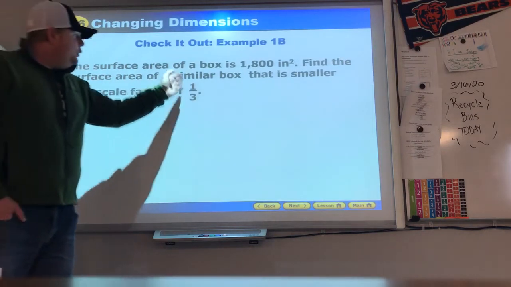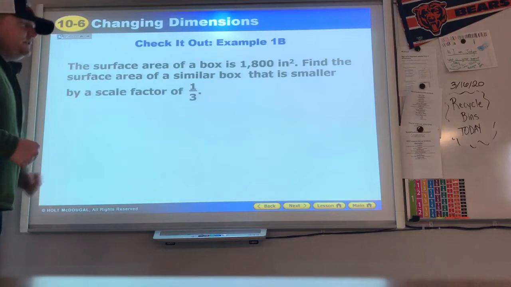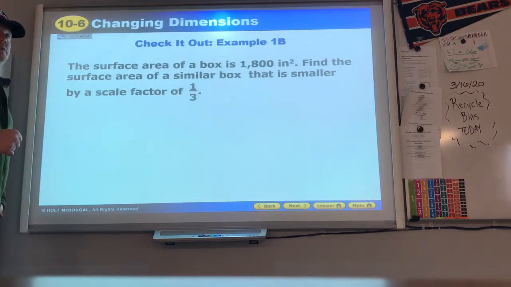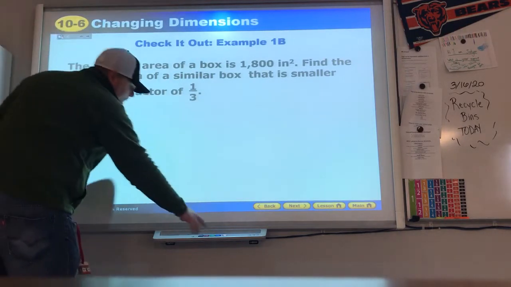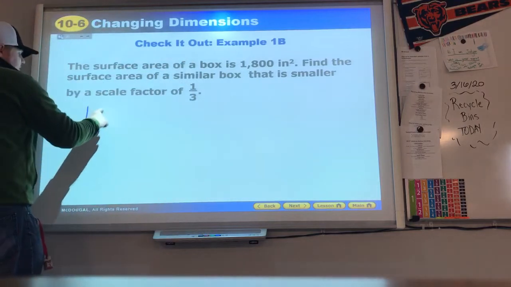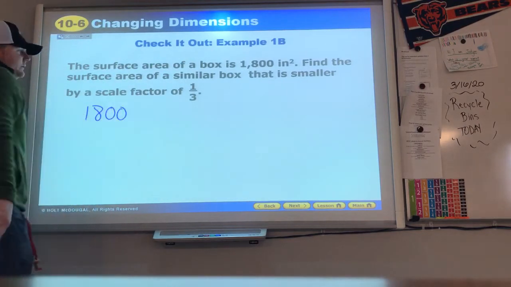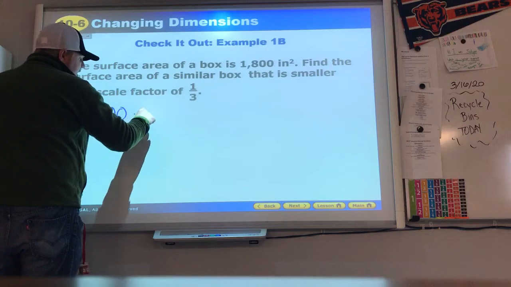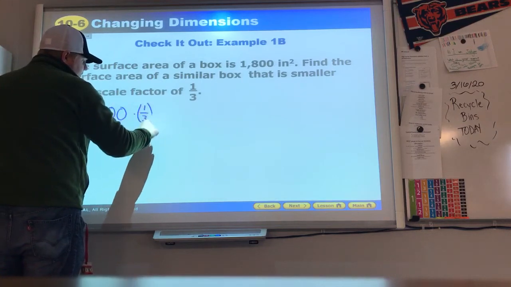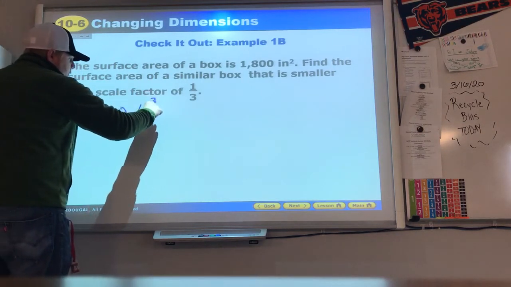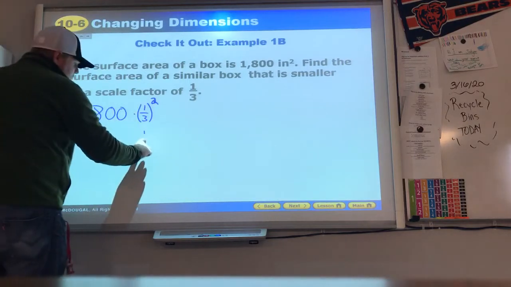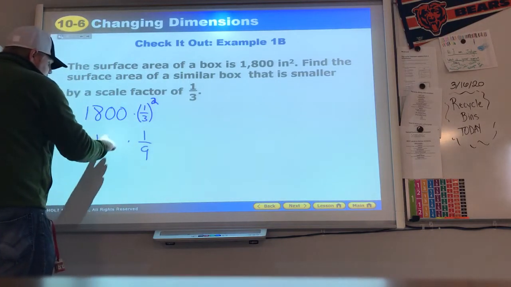Again, try. We're going smaller, but we still do the same thing with scale factors. So pause, try, and we're back. 1,800 is the surface area we started with. 1/3 is the scale factor, squared. So it would actually be 1/9 times 1,800.